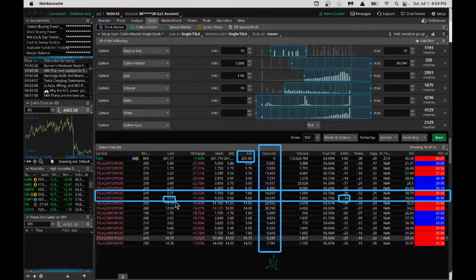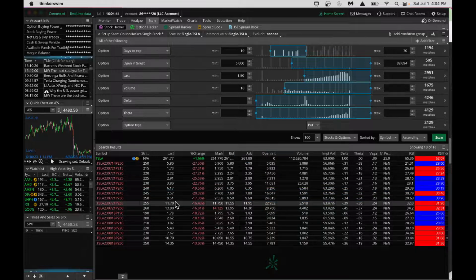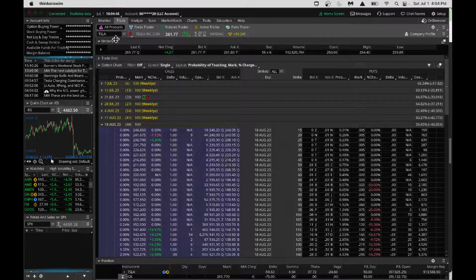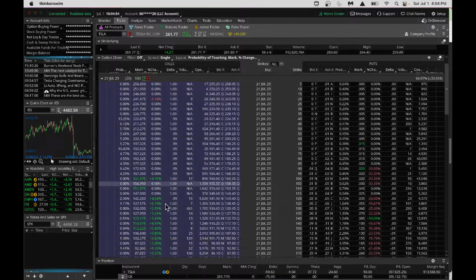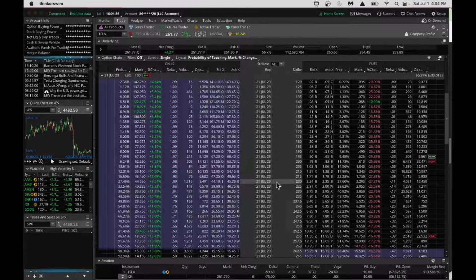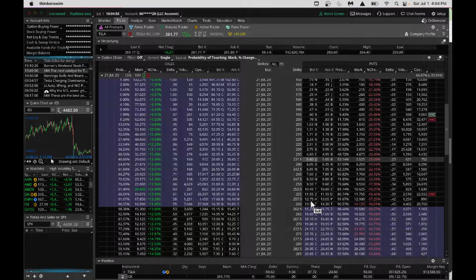So what we'll do is go to Thinkorswim and go to the option chain. Let's look at Tesla, and we are looking at the 21st of July, which is 20 days out. And we're looking at the $250 strike right here. Look, $9.60.